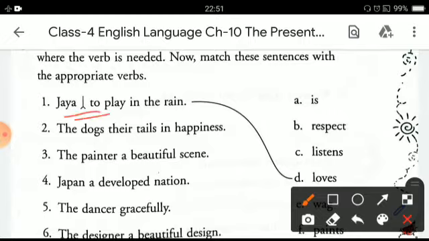The verb which is missing here is loves: Jaya loves to play in the rain. Second one is the dogs dash their tails in happiness. And the verb that is missing is wag: the dogs wag their tails in happiness.